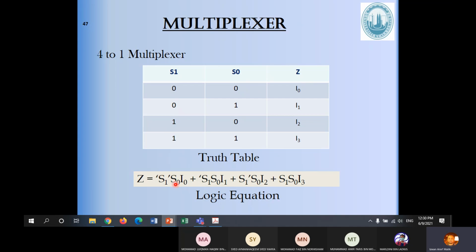Plus the second row, S1 bar, S0, I1. The third one, S1, S0 bar, I2. Last one, S1, S0, I3. Sebab apa dia tak ada bar? Sebab dua-dua selector dia adalah 1. So you may derive your logic equation from the truth table.